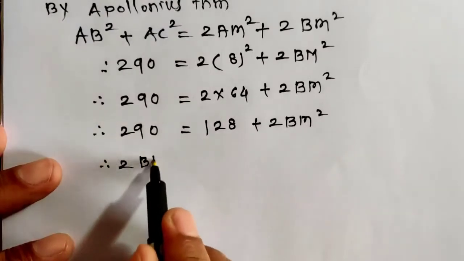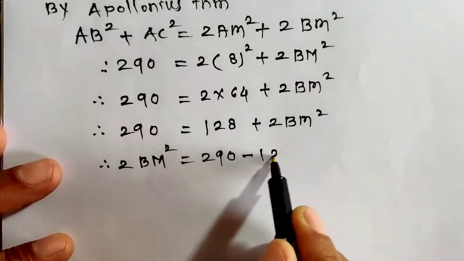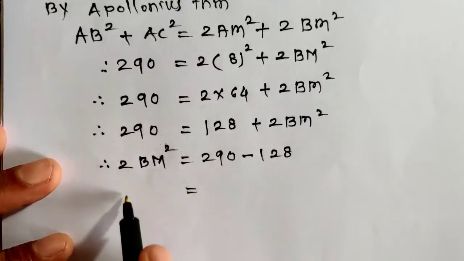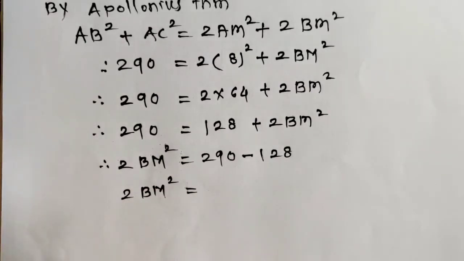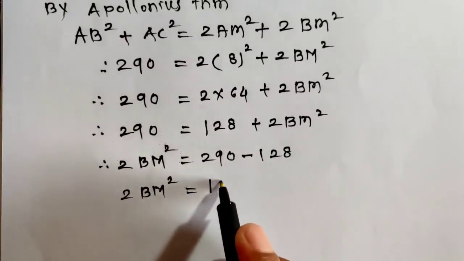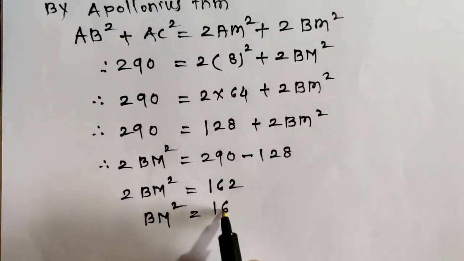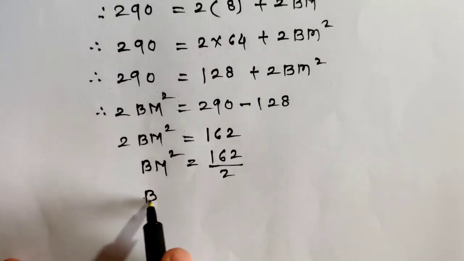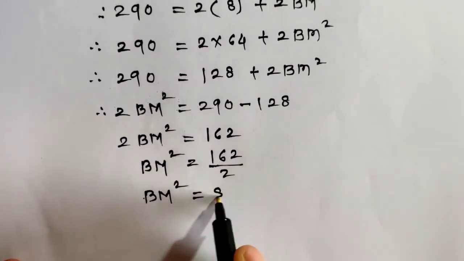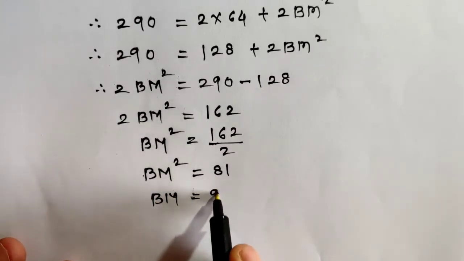Next step, 2 BM square is equal to 290 minus 128. So we get 2 BM square is equal to 162. Now divide by 2. BM square is equal to 162 divided by 2. So we get BM square is equal to 81. That means BM is equal to 9.